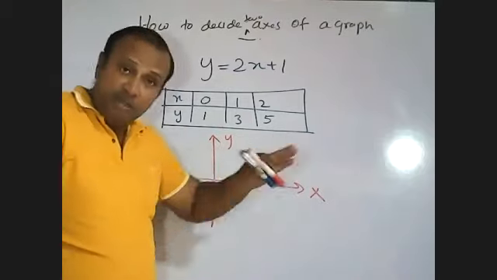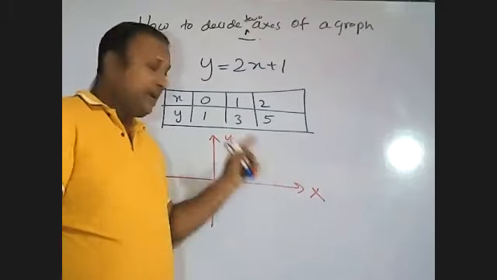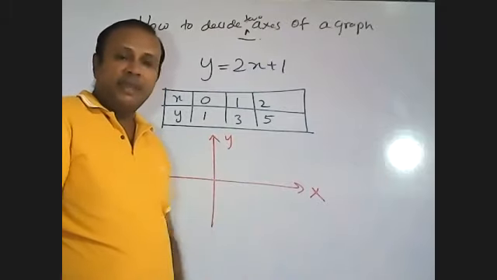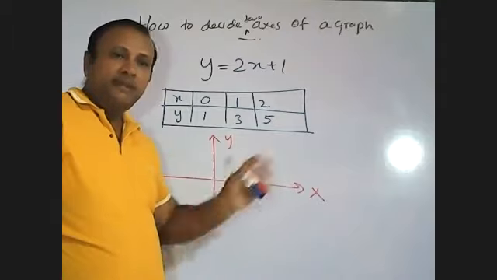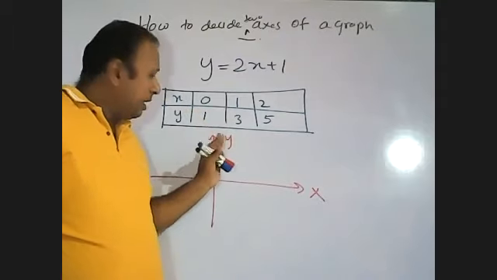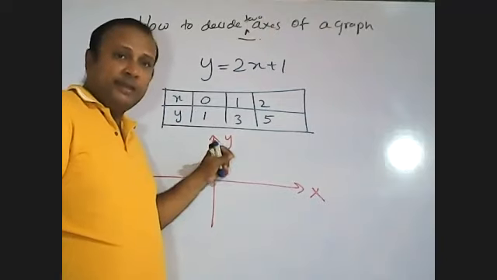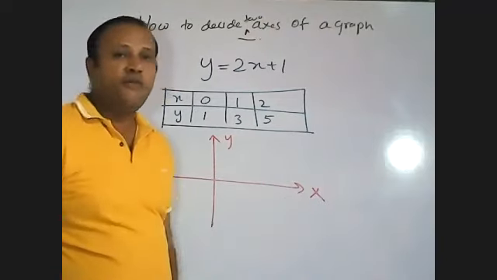But if it is a dependent variable, this variable cannot vary on its own. Normally, the value of y depends on the value of x.